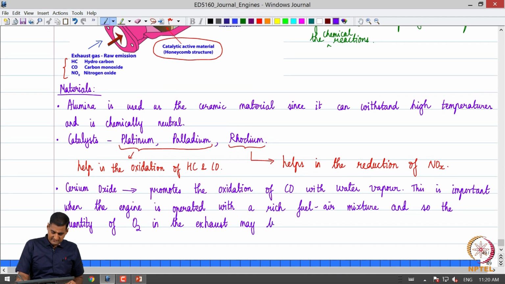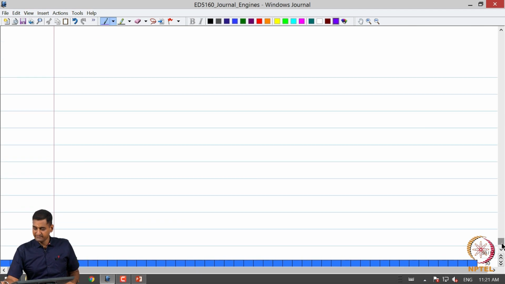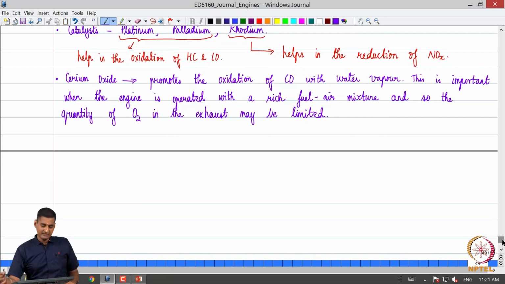That is the role of cerium oxide. Water vapor is used to oxidize CO. Those are the materials used in this catalytic converter.